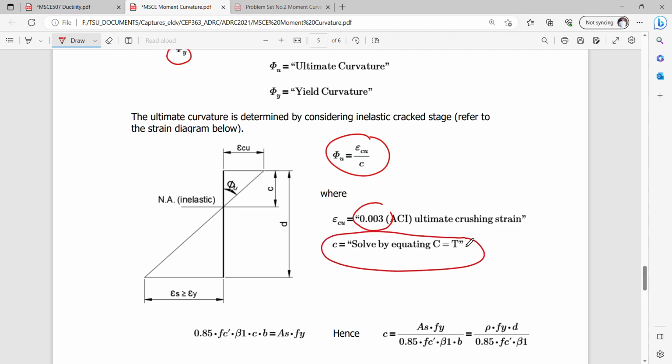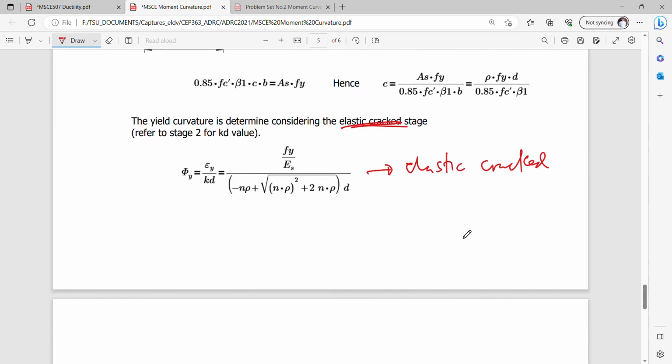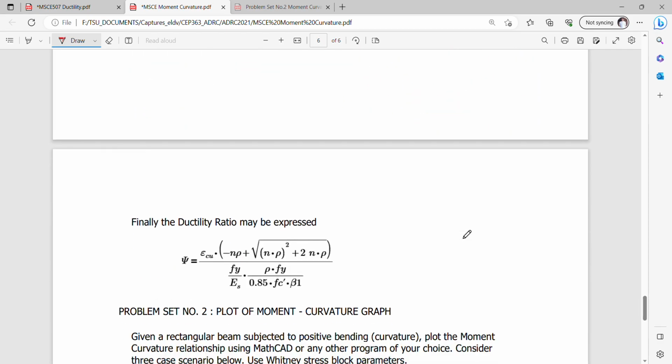Okay, so that's how to solve for the ductility ratio. Perhaps we would like to have some exercise on this, maybe a problem, particularly on how to solve your curvature phi.